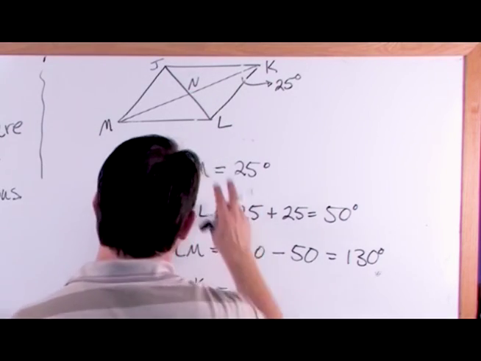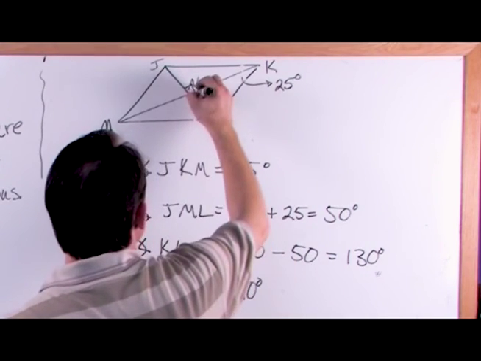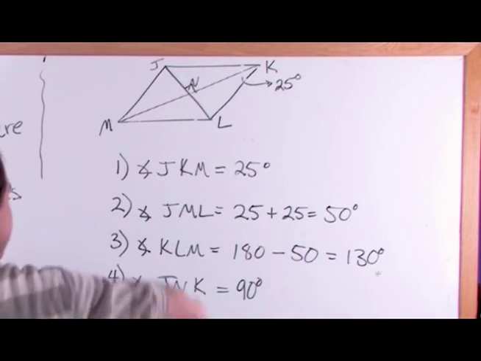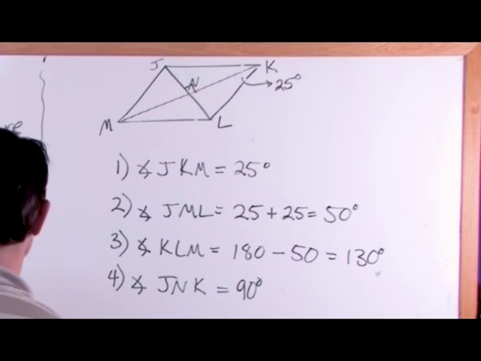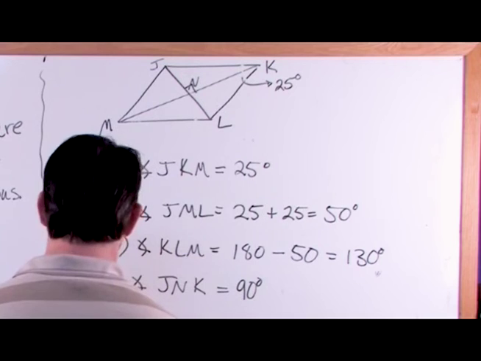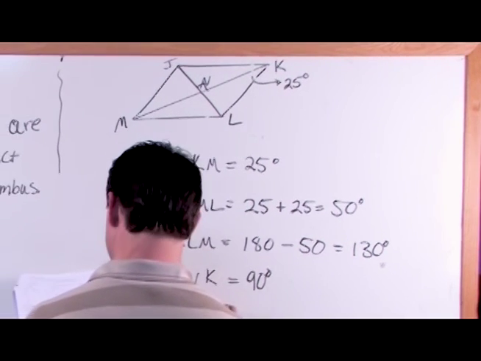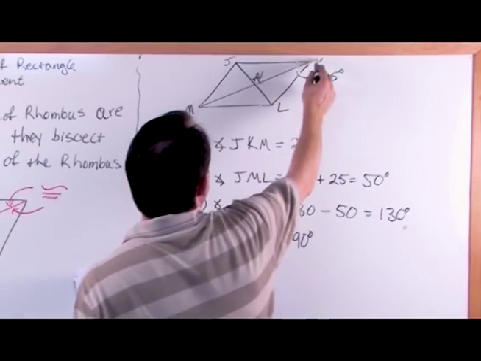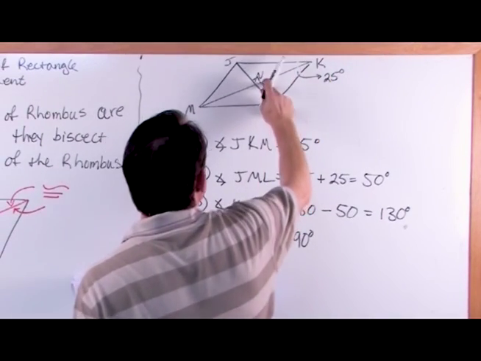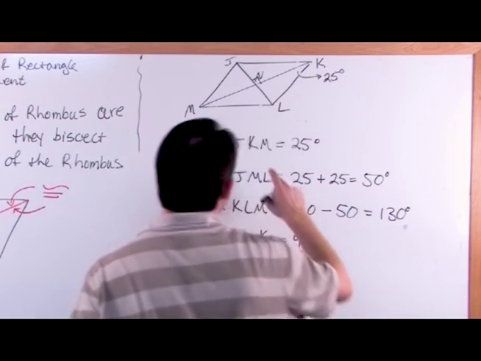So by inspection, because you know this is a rhombus, that's 90 degrees. Because this is a right angle, because they split each other like that. And that's what we talked about over here. And the final one we're going to do in this section is K and L. This angle right here is the same thing. It's 90 degrees.